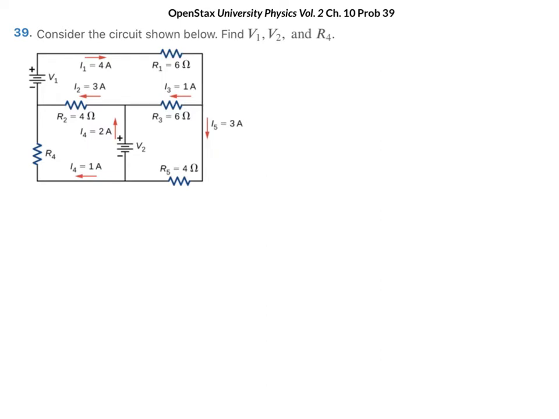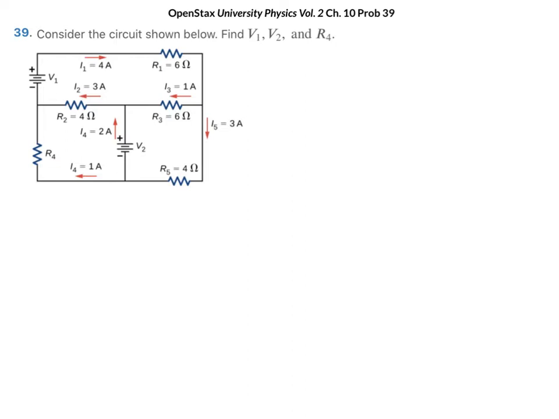Then I know that the current going through the 6 ohm resistor here is 1 amp. So from this junction to that junction, there is a 1 amp current. And then from this junction to that junction, there is a 3 amp current. So there's a 3 amp current going through R2. So I know everything in the circuit except for the voltage, so I can use the loop rule.